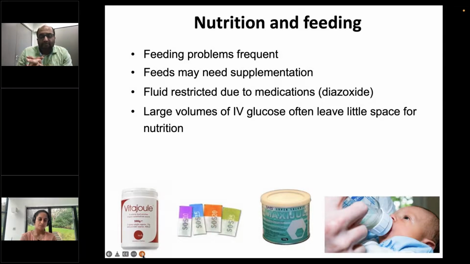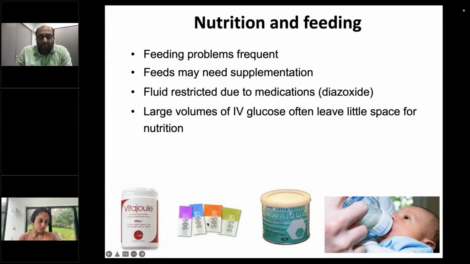As I was mentioning, sometimes they require a large amount of glucose as IV fluids, or through central venous access, or sometimes they need high calorie feeds or added carbohydrates in feeds. And this is in babies. In other children, when they have hypoglycemia, we also give an emergency regime.